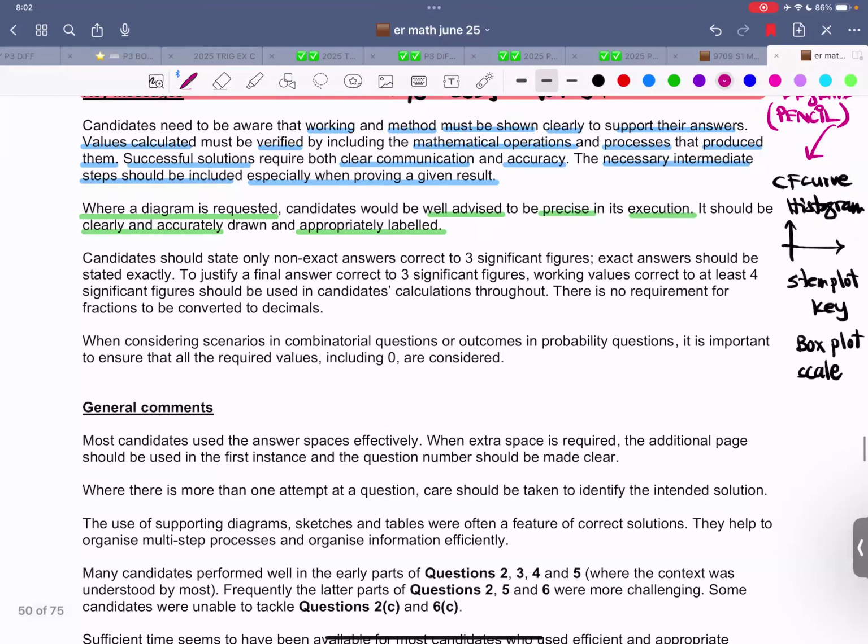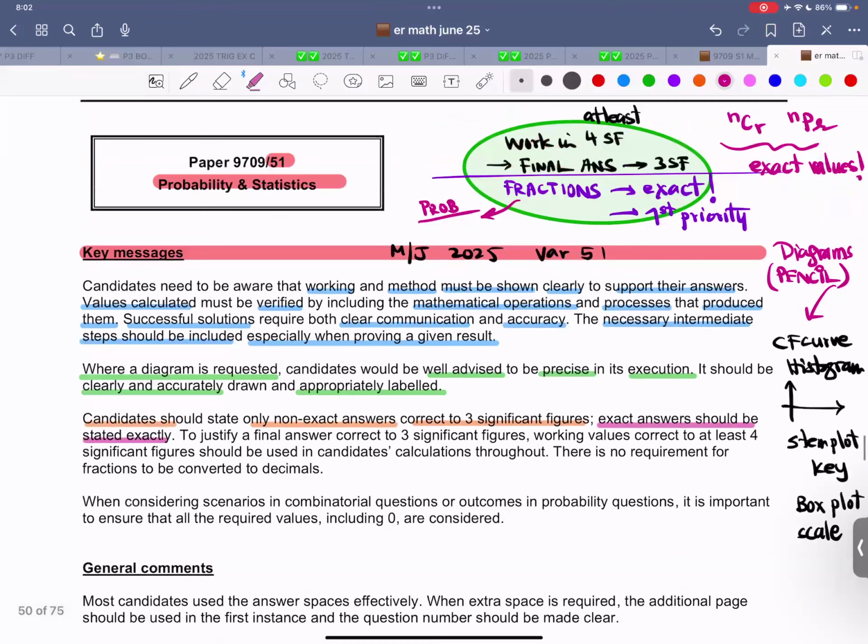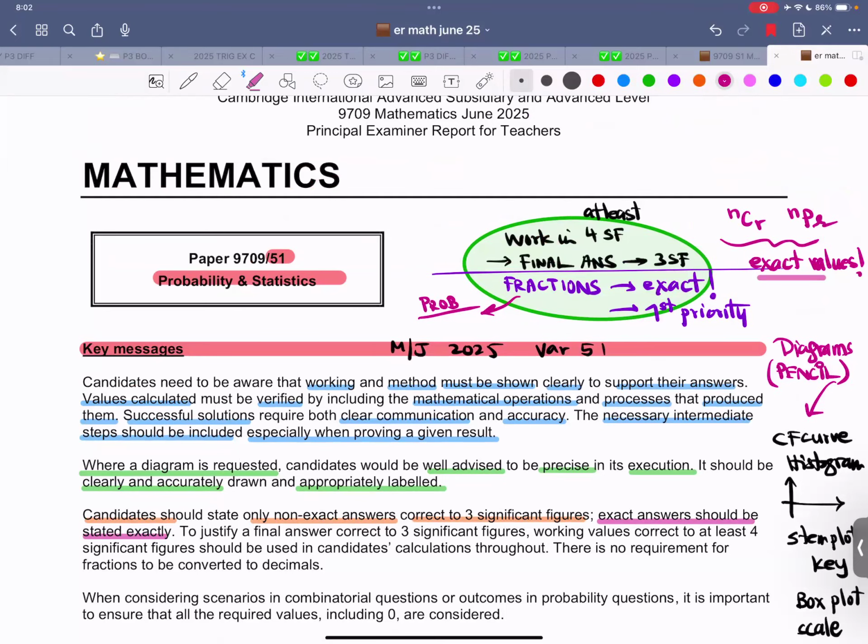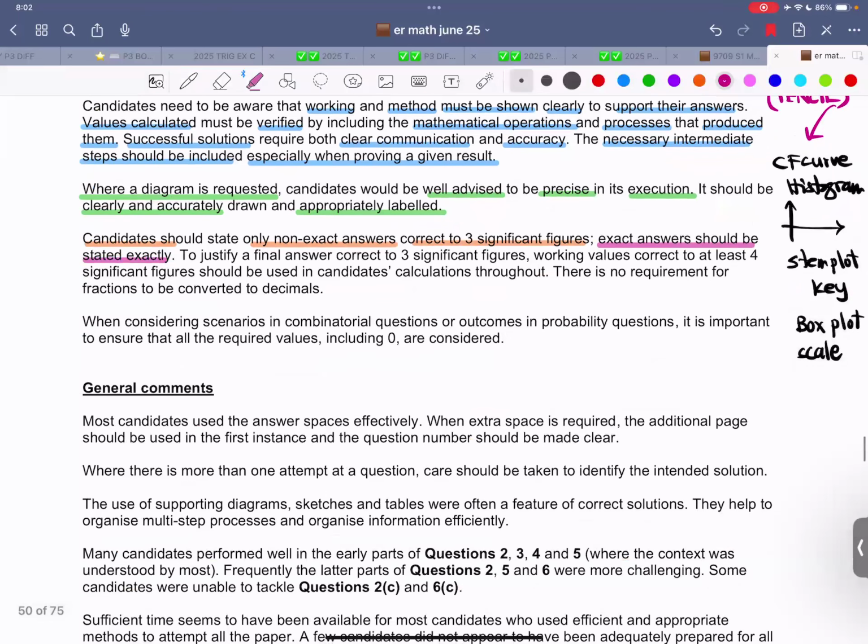Now, something about accuracy, which I talked about earlier. Candidates should state only non-exact answers correct to three significant figures. Exact answers should be stated exactly.